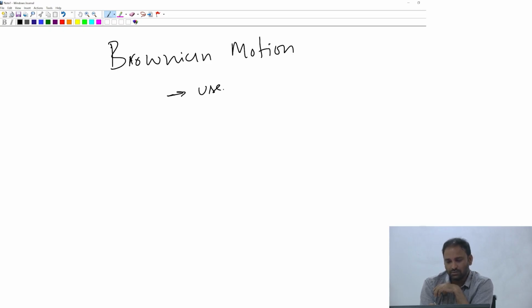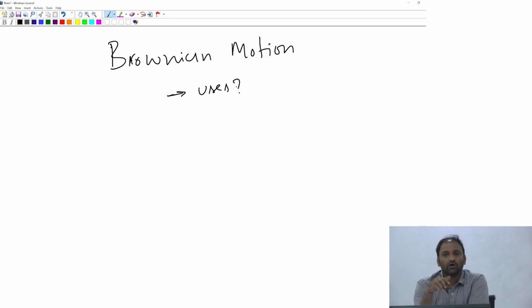Has anyone read a little bit about Brownian motion? You read it at some point for sure, in your +2 or maybe before that.